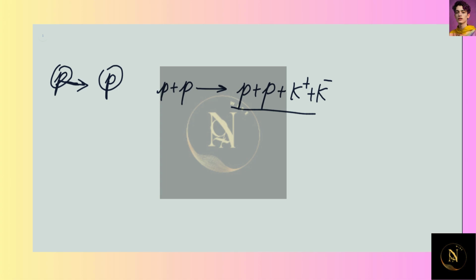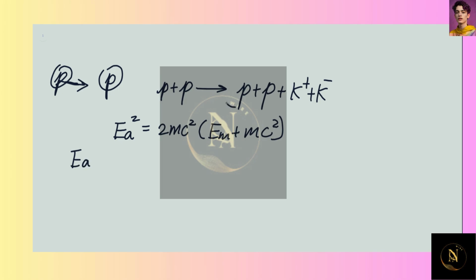So you cannot simply do the addition and subtraction of the masses, because you have to consider kinetic energy in this case. We have to use the other formula, that the available energy, EA squared, is 2 m c squared times (E_m plus m c squared). We use this equation for two particles of equal mass when one is initially stationary.